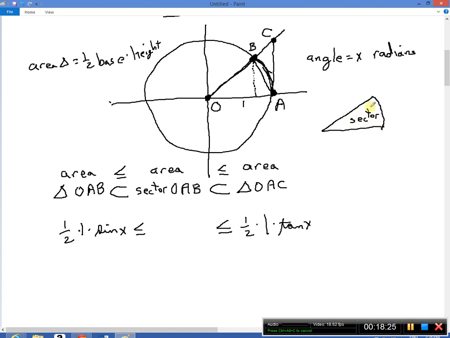So here's the area that we're talking about. How much area is in that sector? Well, I can figure out how much area is in the whole pie, the whole circle. The area of a circle is pi r squared. And the unit circle has radius 1, so the area of the whole circle for the unit circle is just pi.